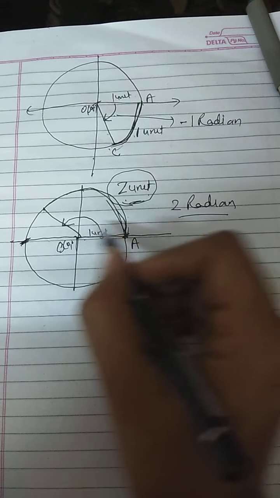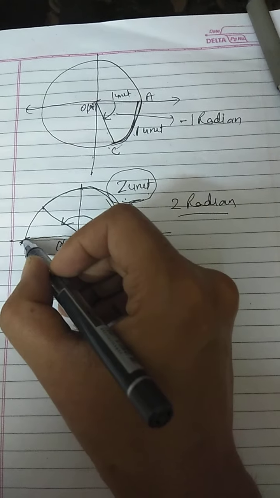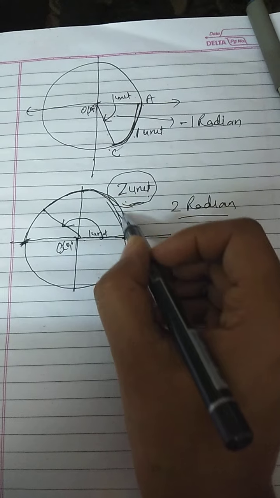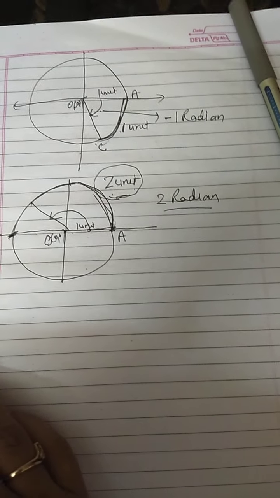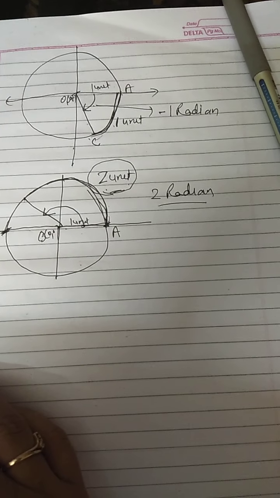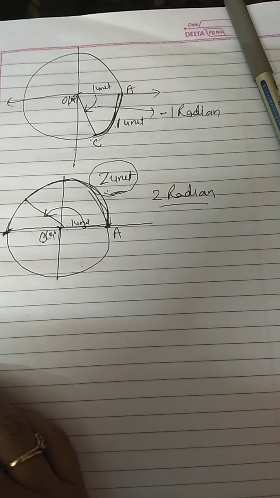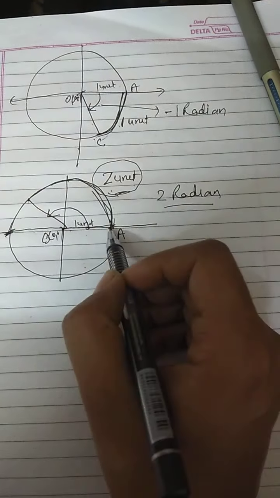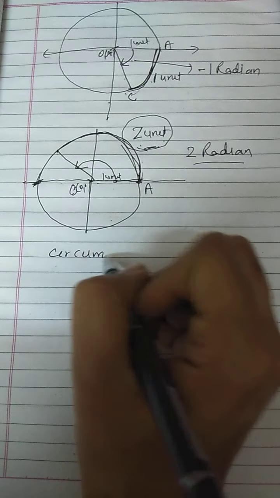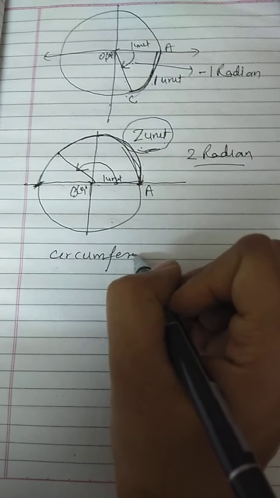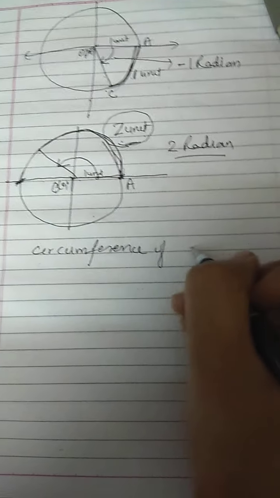If I take the length of the arc up to this, what is this? This is a semicircle, if you notice. And when I take the length of the arc equal to the circumference of the semicircle, what is the circumference of a semicircle?